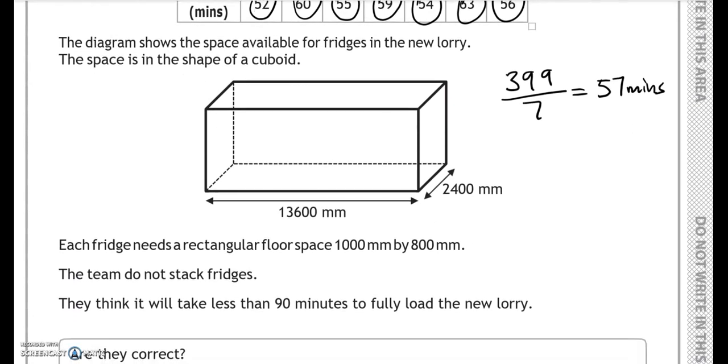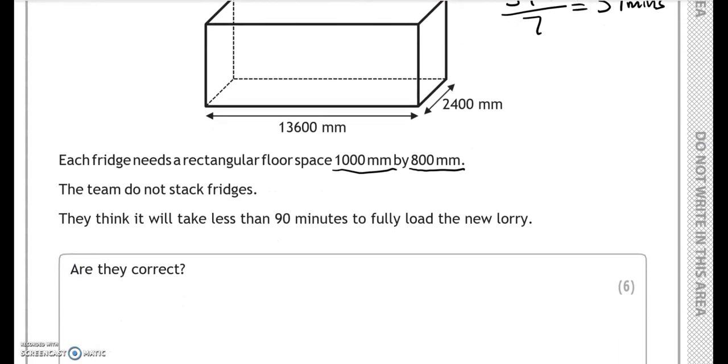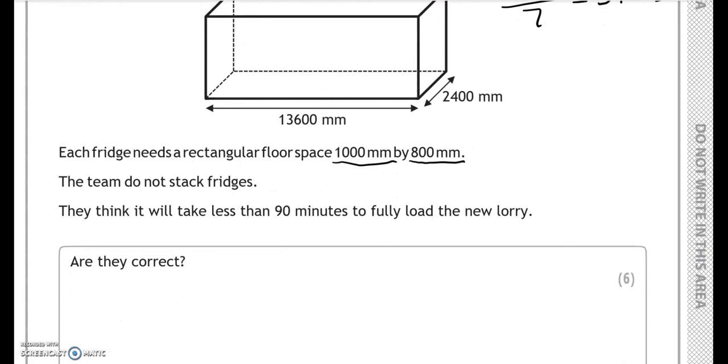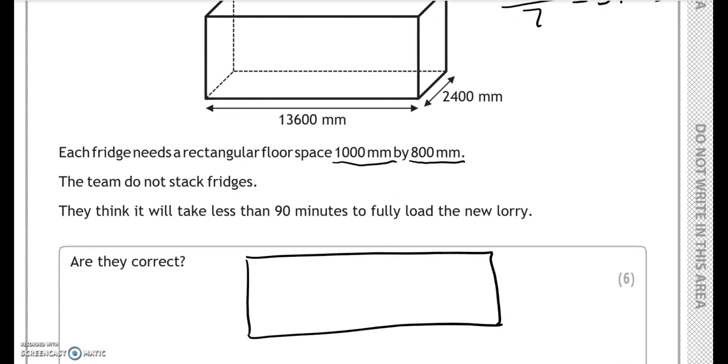Now we've got the space, which says each fridge needs a rectangular floor space of 1000 mm by 800 mm. So if I show a floor plan here of the space in the lorry, we've got 13,600 and 2,400.